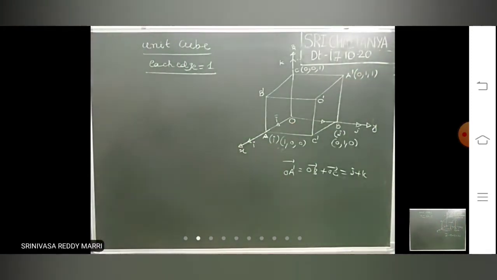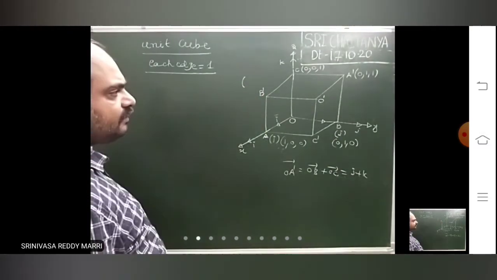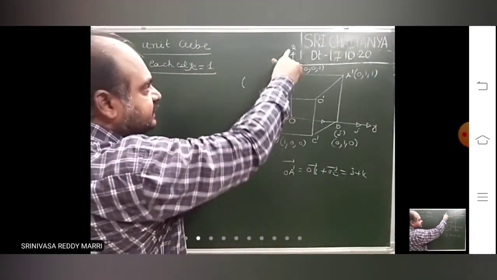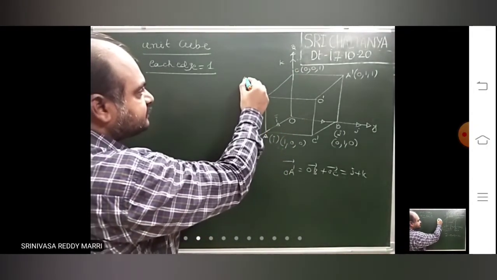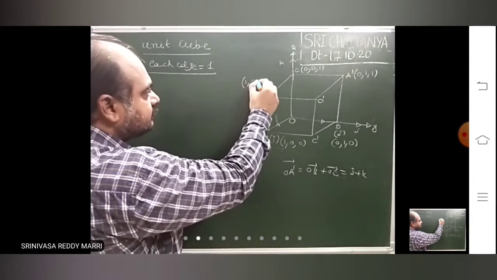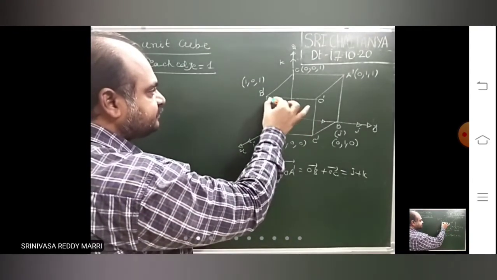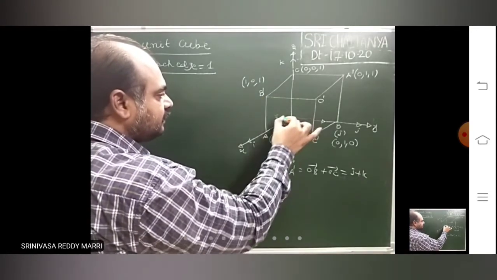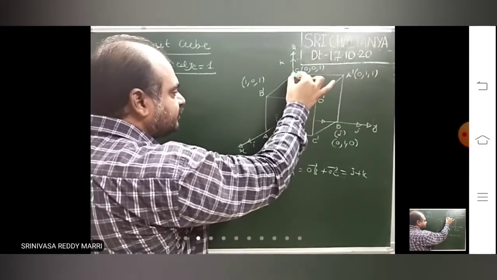A'. Right? B', look at B'. B' is lying in the ZX plane. ZX plane means Y coordinate will be 0. Or otherwise, this OB' is nothing but the resultant OA plus OC.